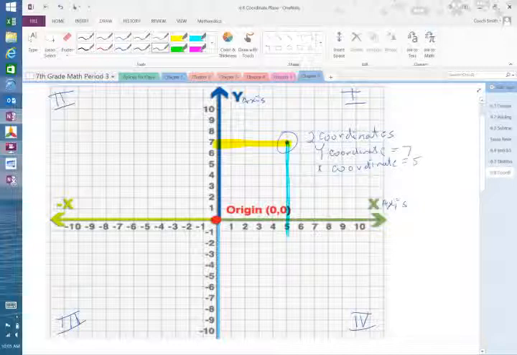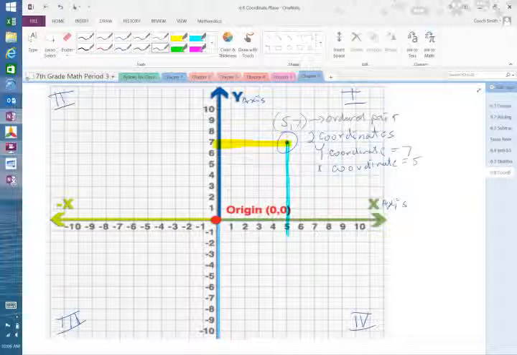Now, when we list the coordinates of a point, we always put the x-coordinate first. And so the coordinates of this point then would be 5 and 7. That's how you would list the coordinates of that point. We call this an ordered pair. It's an ordered pair because you have order.